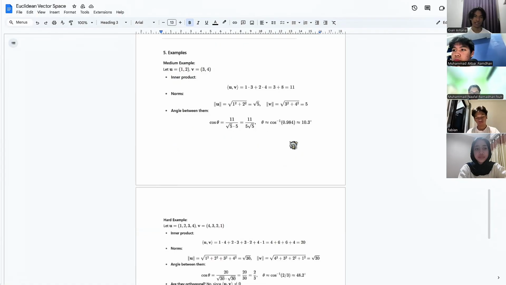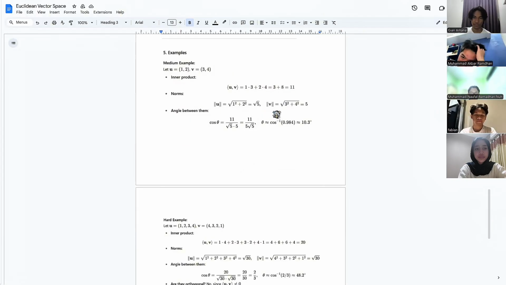And now to calculate the angle between vector U and vector V, we need to find the cosine of the angle, which is the inner product divided by the norms of U and V multiplied. We before have the inner product of U and V, which is 11. We put it on top here.